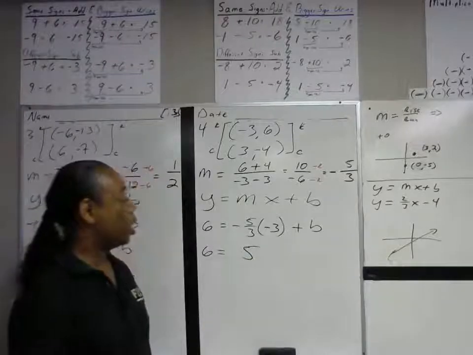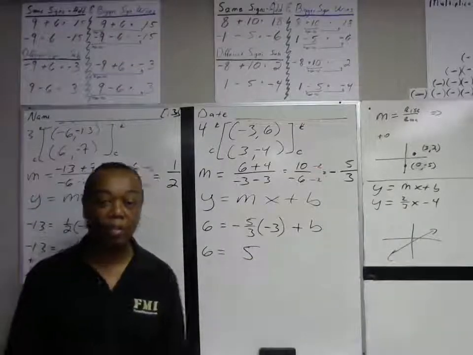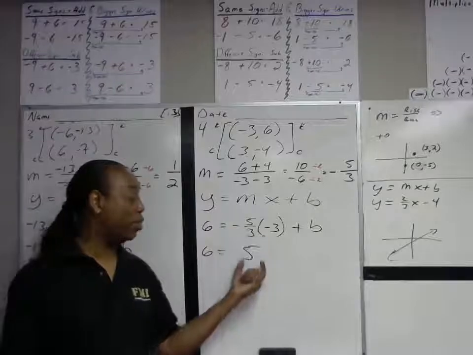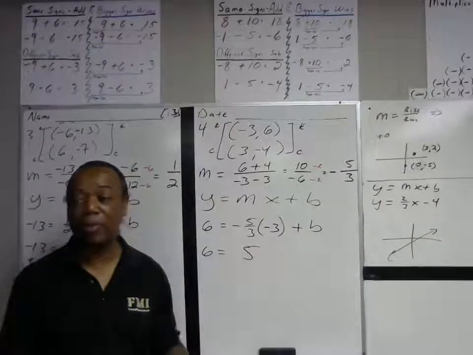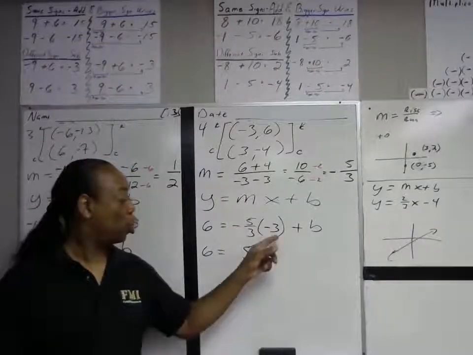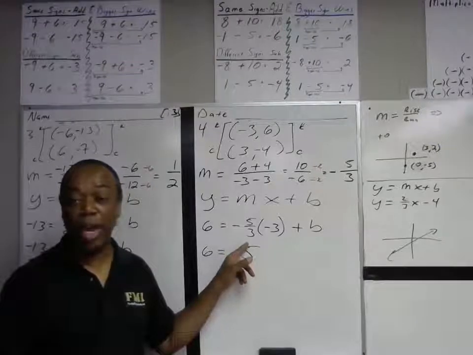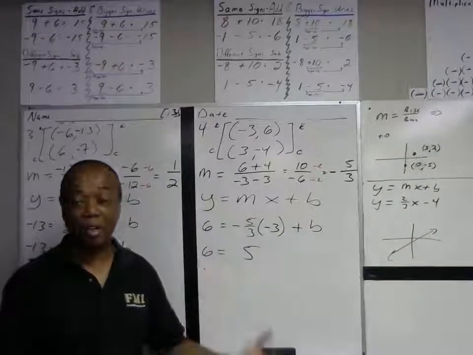Very good. In class, let me explain that answer. You do have a negative times negative, which is positive. So it's positive. But then 3 divided by 3 is 1, and 1 times the numerator of 5 gives you 5.